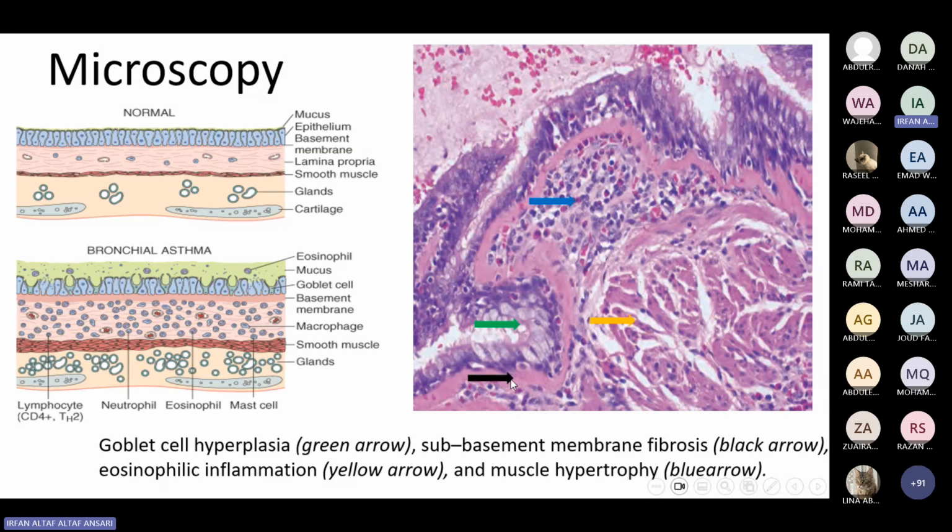Sorry, there is some change in the color of this arrow. The yellow arrow shows the eosinophilic inflammation. Here, just change it in your lecture: the blue arrow is for the eosinophils and muscle hypertrophy is the yellow arrow.